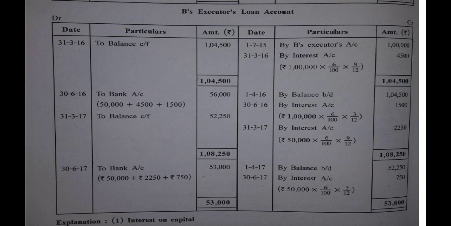Alright, so here we complete preparing this executor's loan account. I can well understand this was a little bit difficult for you to understand, but I suggest you watch it on repeat mode twice or thrice maybe to make a clear and better understanding.